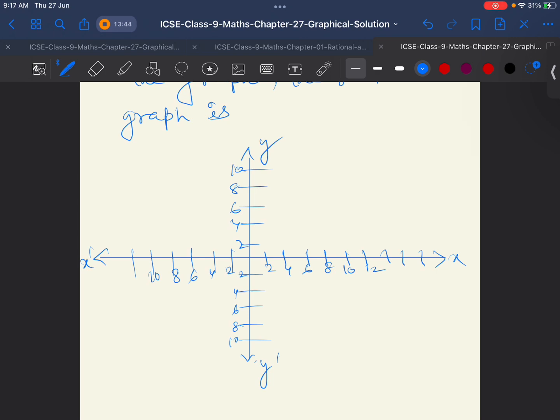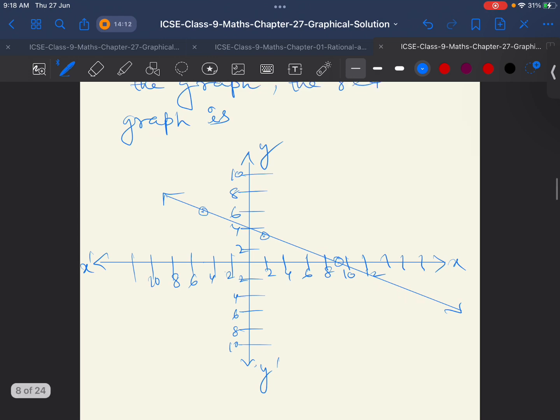So first the point (2, 3) is here, and the point (9, 0) is here, and minus 5, 6, (minus 5, 6) is here. Okay, now we draw the line. Yeah, this is the line 3x plus 7y equals 27.